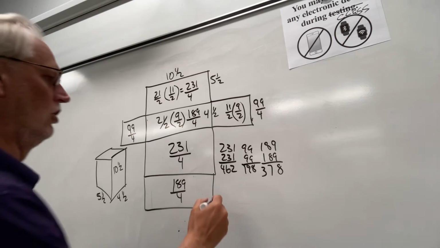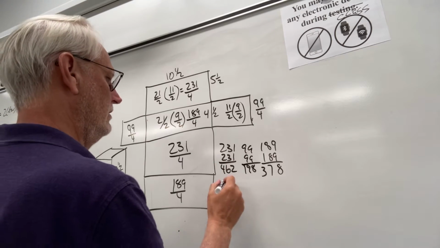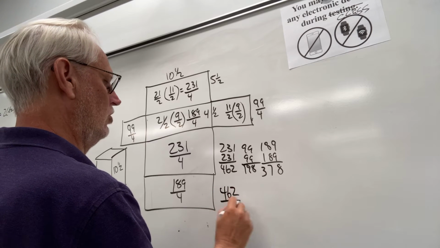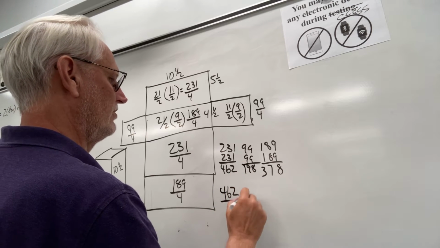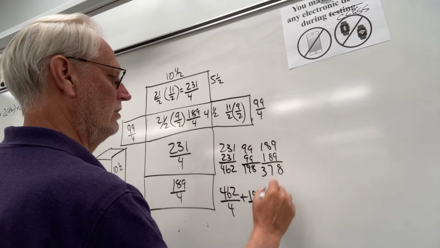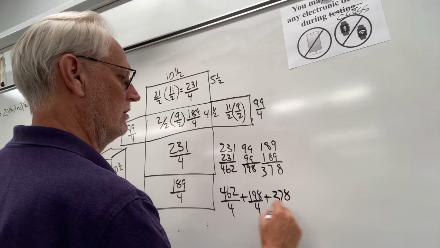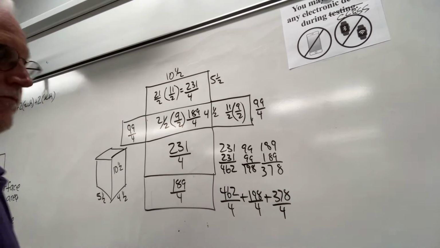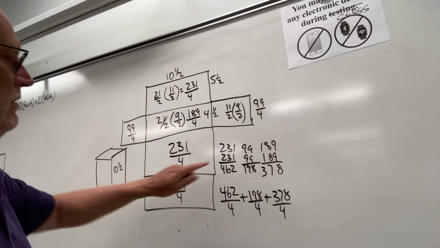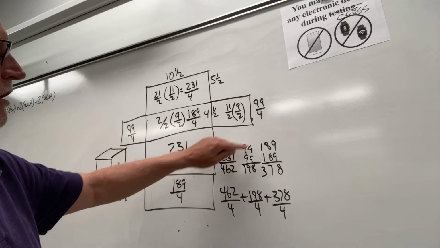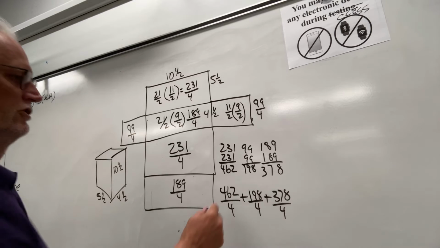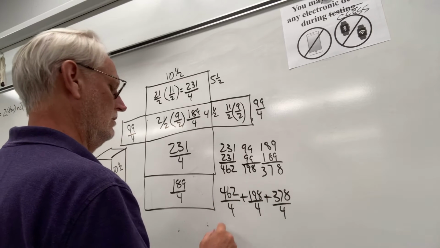Now these are all over 4, right? So what we really have now is 462/4 plus 198/4 plus 378/4. We've accounted for the multiples of each one, here and here and here. We've added them up. So we're now just going to add these across.